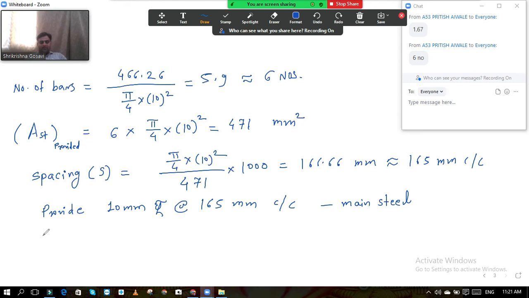Now for top extra bars, what we do, we just double the spacing. Okay, so provide 10 mm bars at 165, and its double is how much?